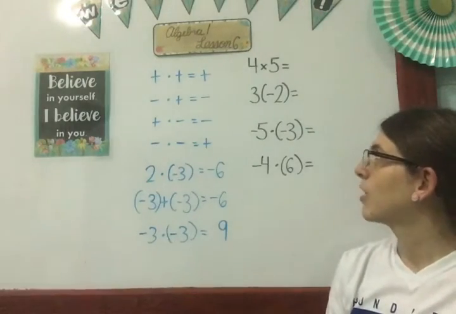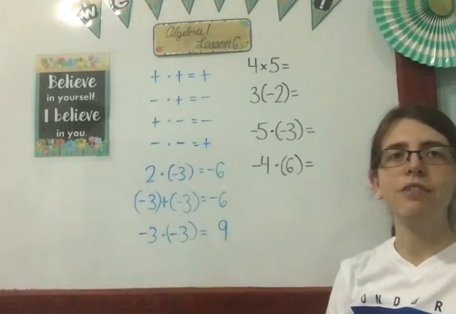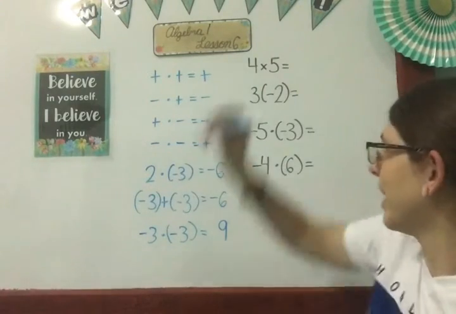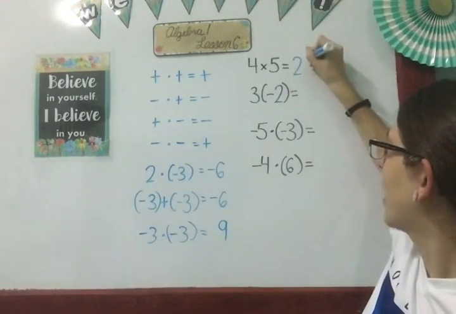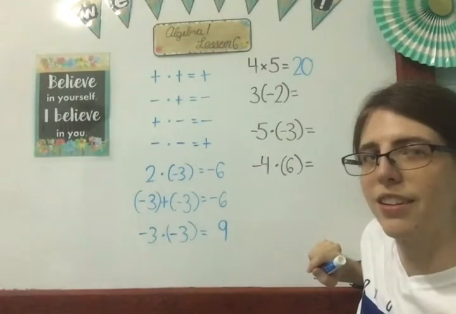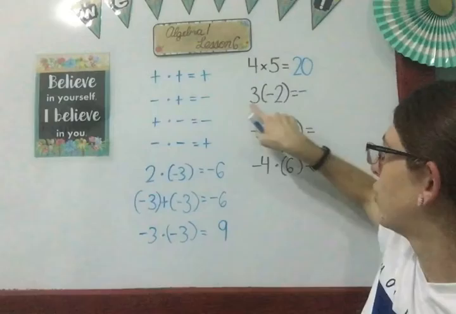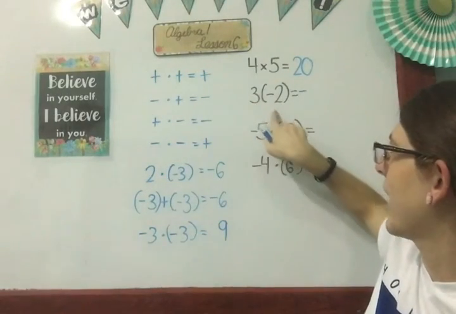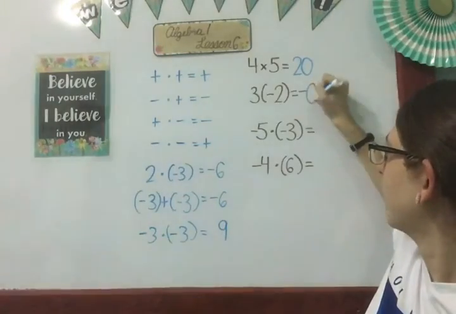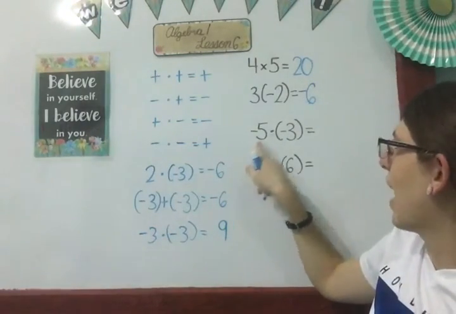Okay, so let's do a couple together. Positive 4 times positive 5. What's your answer? Positive 20. Positive 3 times negative 2. Positive or negative answer? Negative, because I have 2 different signs, a positive and a negative. 3 times 2 is 6. Negative 5 times negative 3.